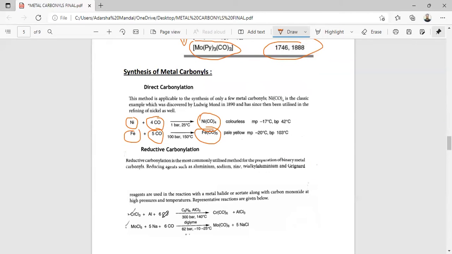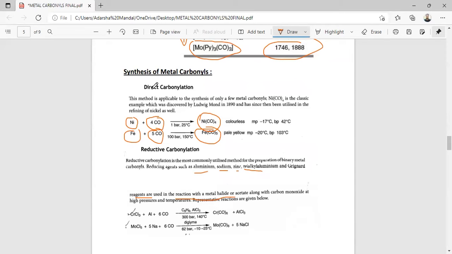Reductive carbonylation is the most commonly used method for preparation of binary metal carbonyls. For this reaction, a reducing agent such as aluminium, sodium, zinc, alkyl aluminum or Grignard reagent is used with a metal halide or acetate and carbon monoxide at higher pressure and temperature.